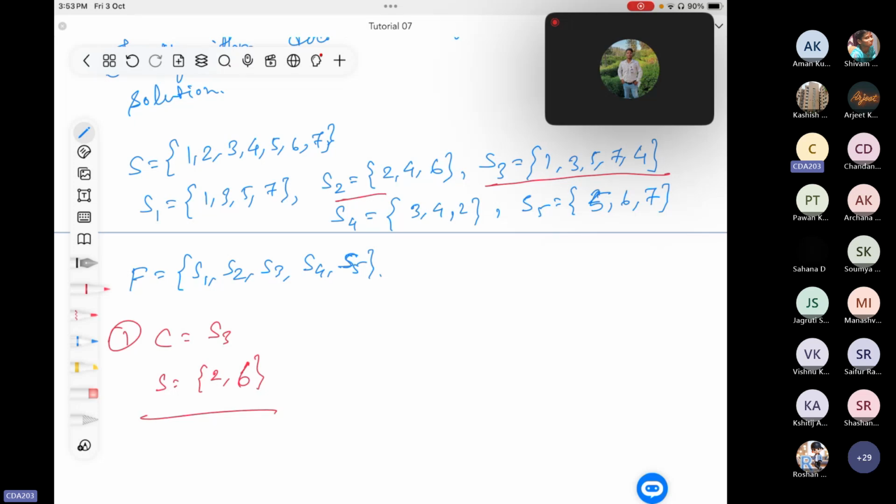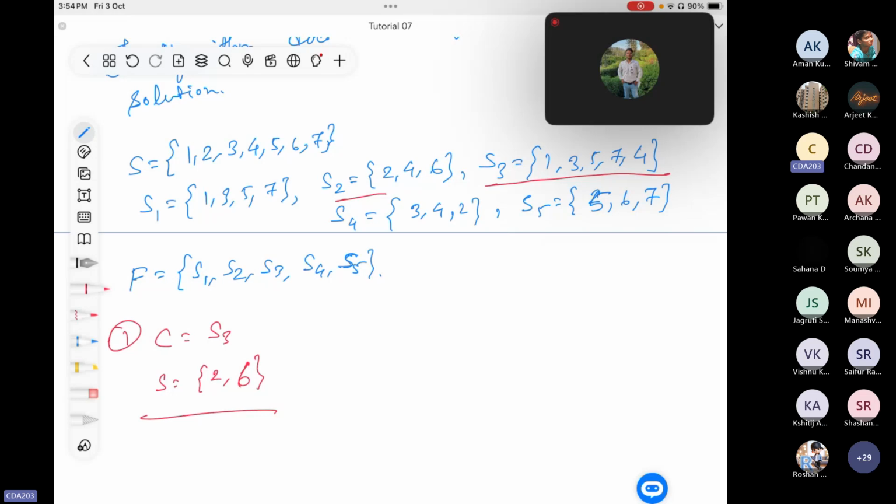It's not that one. What I'm trying to do is separate it from this 2, 4, 6.